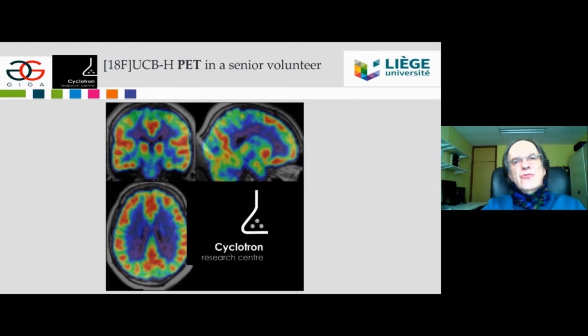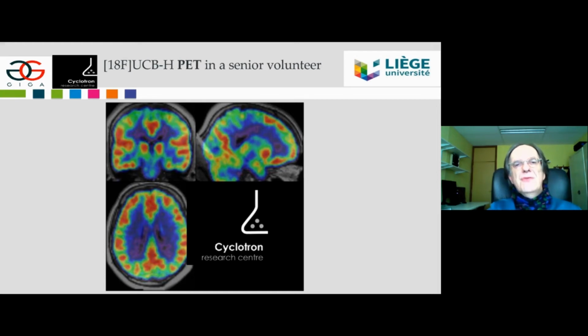What was extremely interesting for us was, for example, to demonstrate this part of the inferior temporal and medial temporal cortex, because those regions are not very well seen by FDG PET. In those regions, there is a high variability of the uptake, while here, with this tracer, it's clearly a part of the brain which is very well seen.